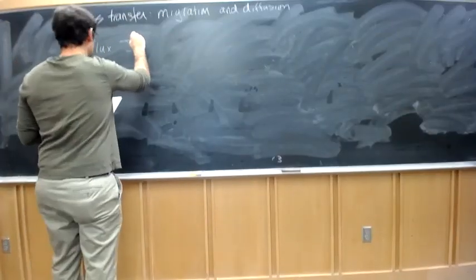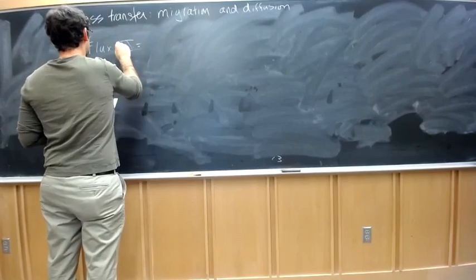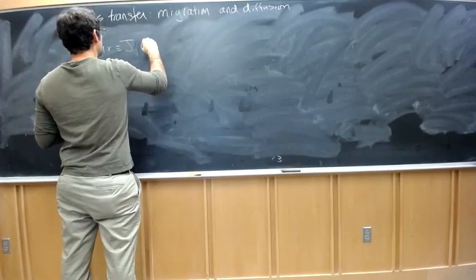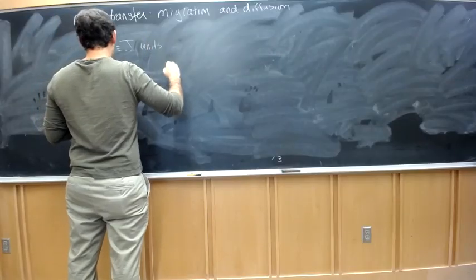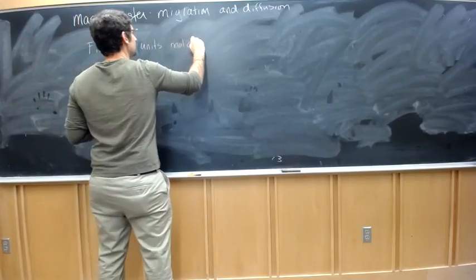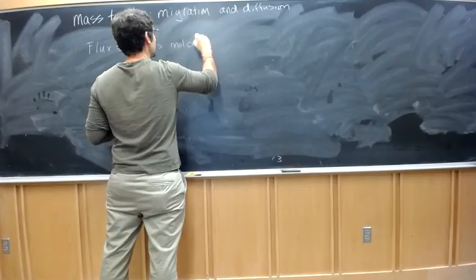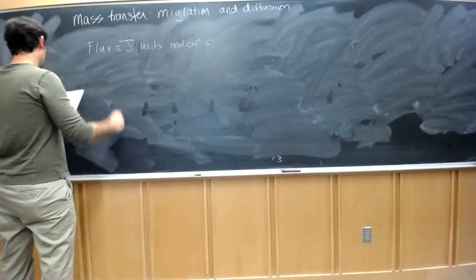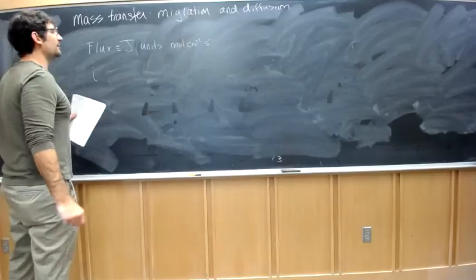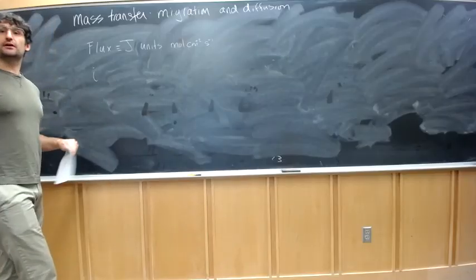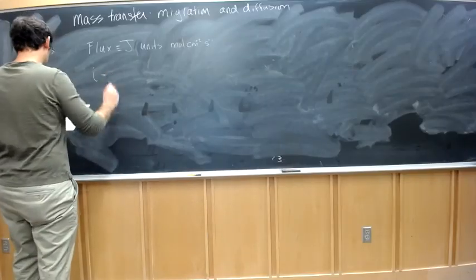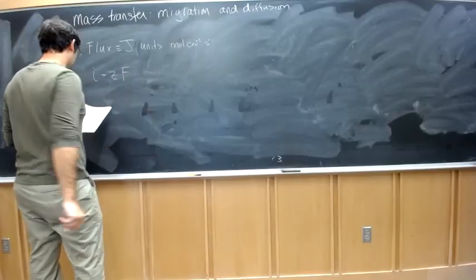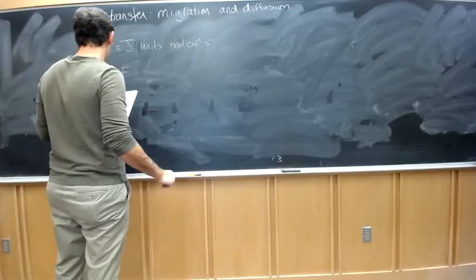J, big J, is flux, and it has units of moles per centimeter squared per second. I can define a current. If I have a movement of charged species like electrons or ions, I can define a current equals Z, the charge on the species, times Faraday's constant, charge per mole.